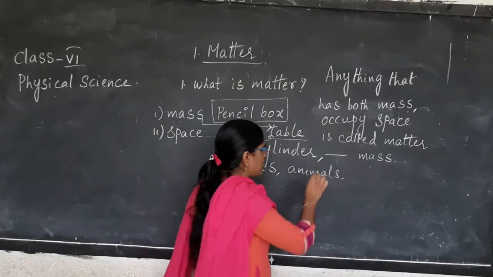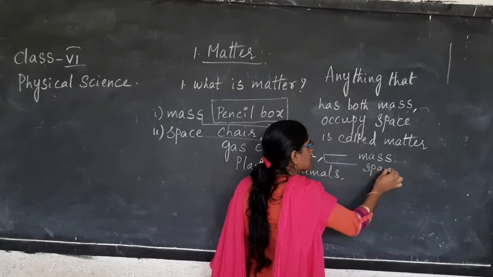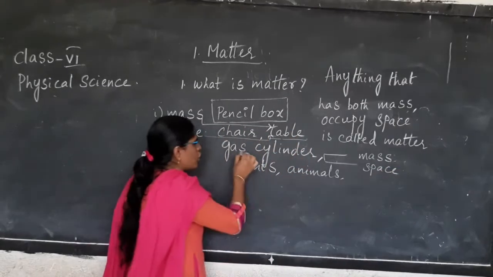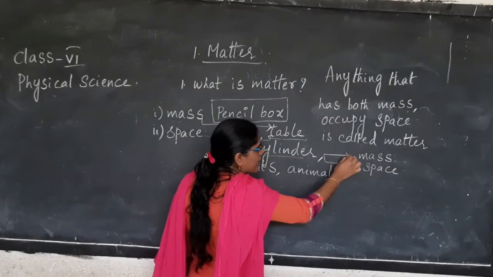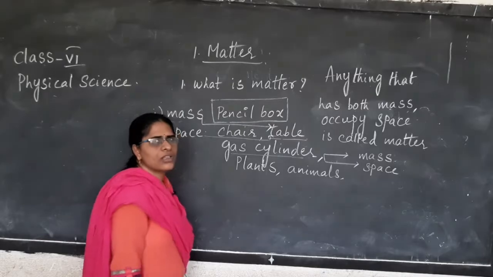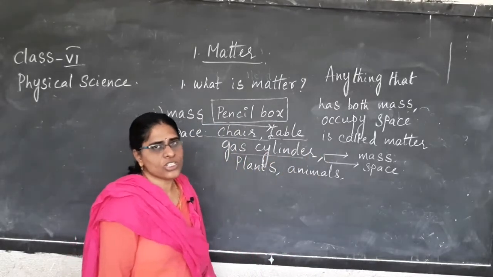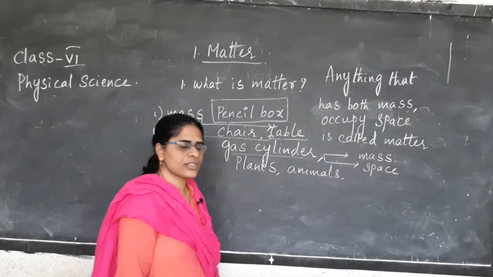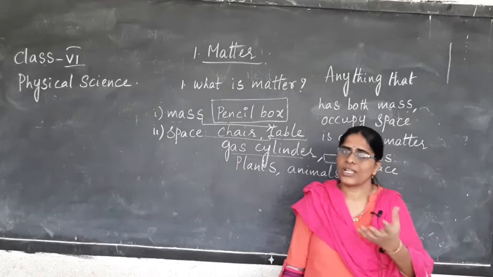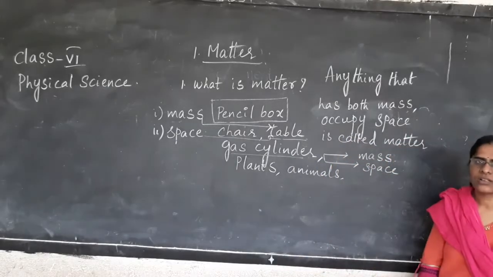Yes. When it is occupying a place, can I say it has space? Now your gas cylinder has both things, mass and space. Now can I say my gas cylinder is also matter? Yes. All these things we see in our day-to-day life, so many things all come under matter.